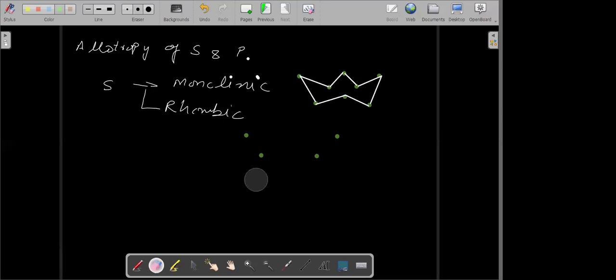Just 1 minute, let me draw this. So this structure of sulfur is like this. Give me 1 minute, I'm drawing it.